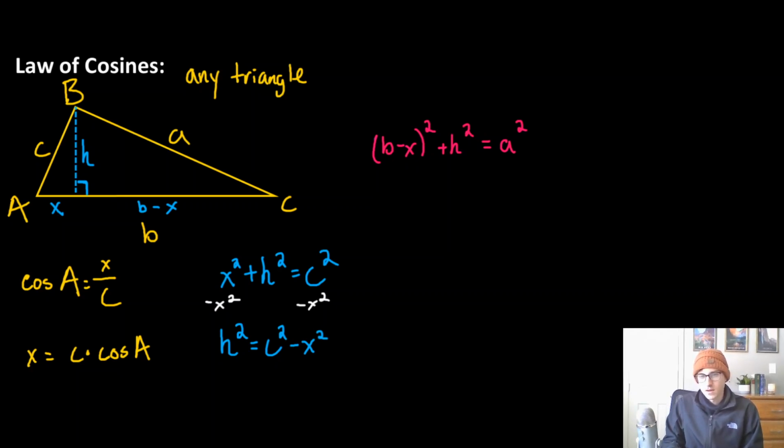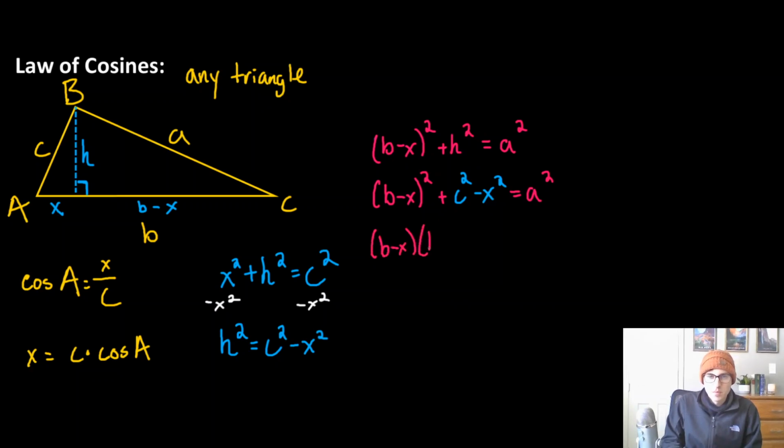So this is b minus x squared, plus h squared, which is c squared minus x squared, equals a squared. So I replaced h squared with c squared minus x squared. Let's multiply b minus x times b minus x, plus c squared minus x squared, equals a squared.